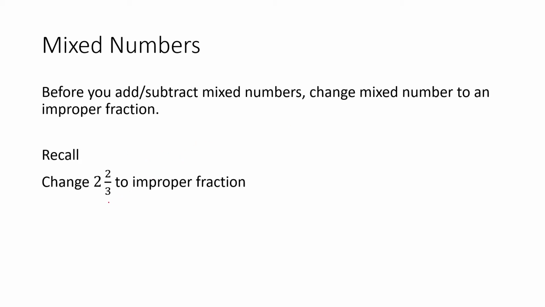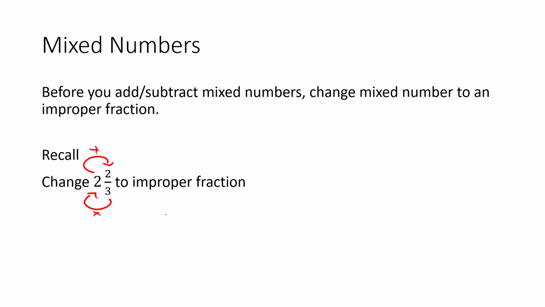Well, first things first, let's have a problem. Let's have a mixed number, 2 and 2/3. The first thing is you're going to multiply your denominator with your whole number, and then afterwards you add that answer to your numerator.